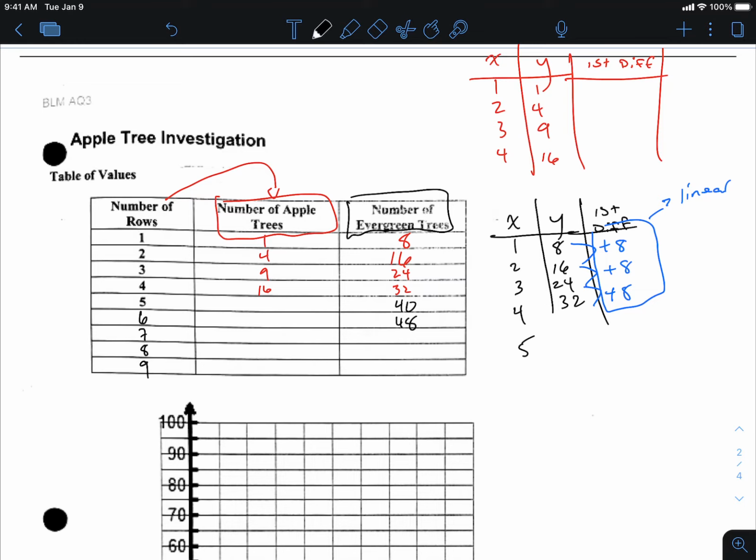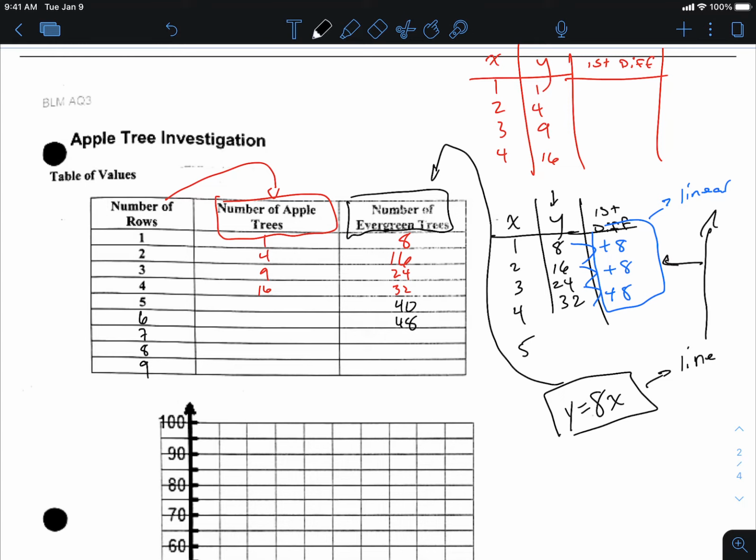So if I were to write y, the number of trees, y equals, well, we're going to take the stage number, x, and multiply by 8. That's the equation that represents this data set. And this is a line. It's a line because we showed through the first differences that they matched, and therefore it is a line.